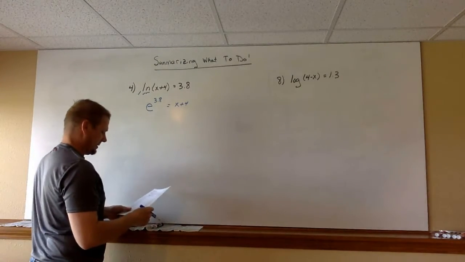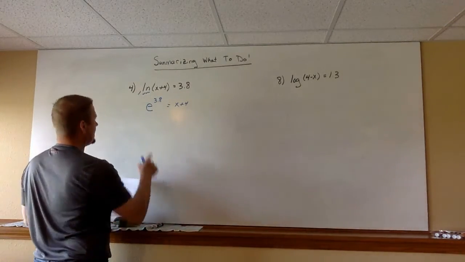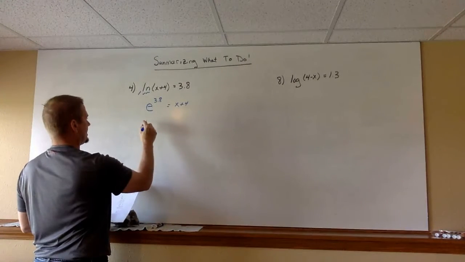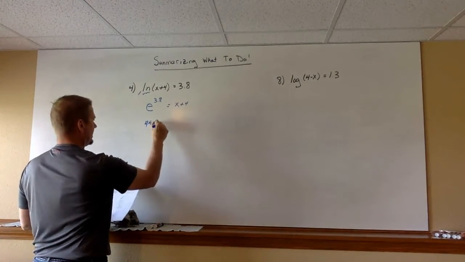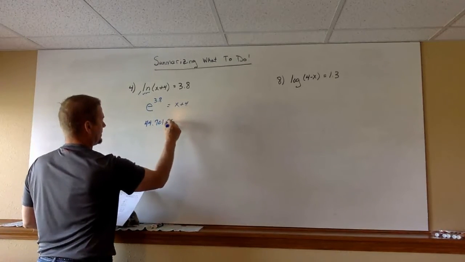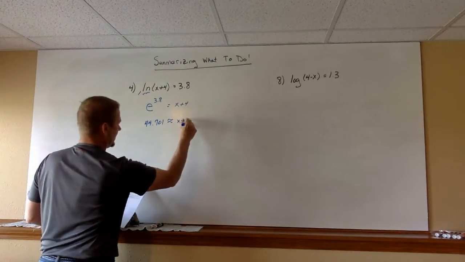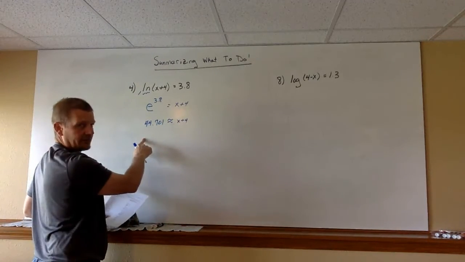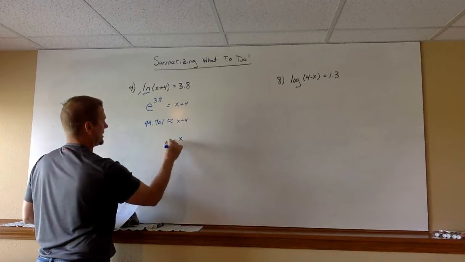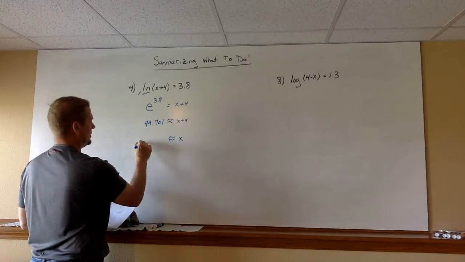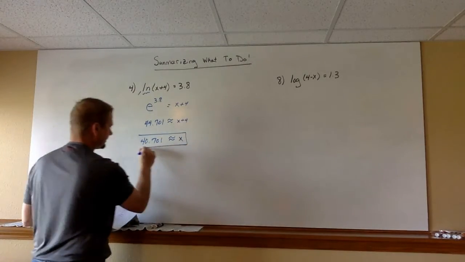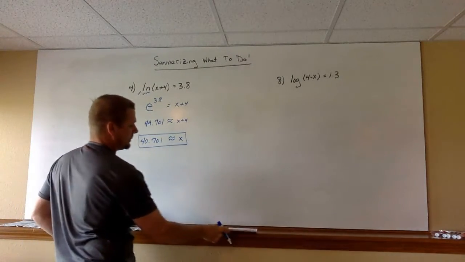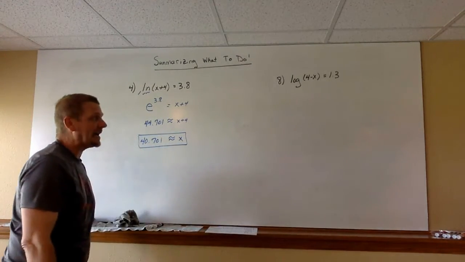I know E to the 3.8 is approximately 44.701. That's approximately what x plus 4 equals. Well, now I need to subtract 4 from both sides, so x is approximately equal to 40.701.